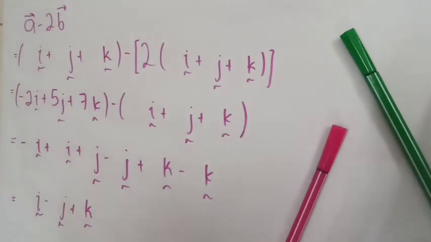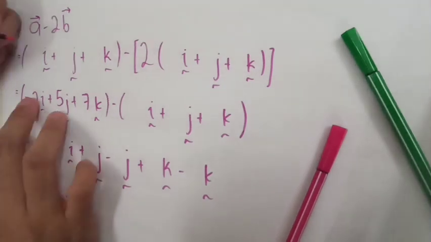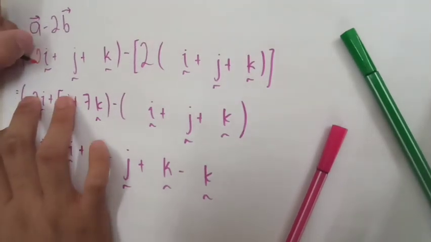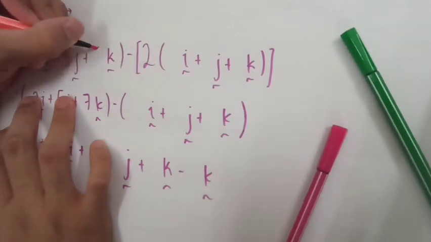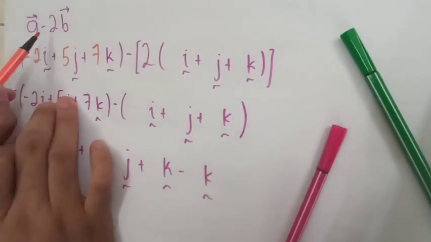The question wants A as just a single A, so we just put the normal value, which is negative 2i plus 5j plus 7k, minus 2B.